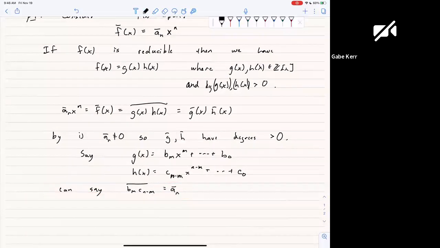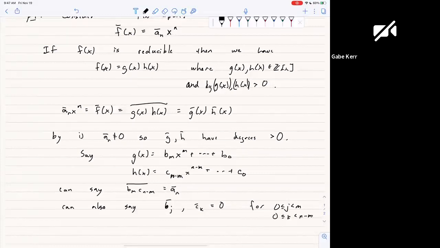We can also say all b_j and c_k are 0, I take the residue mod P, for all the other ones. So for j less than m and for k less than n minus m.